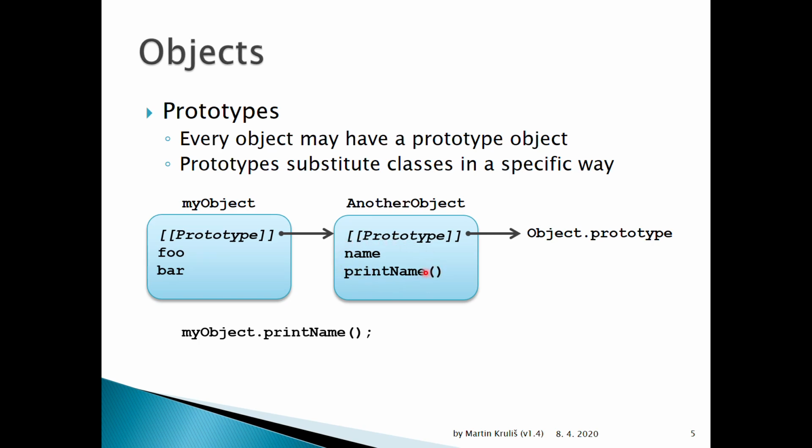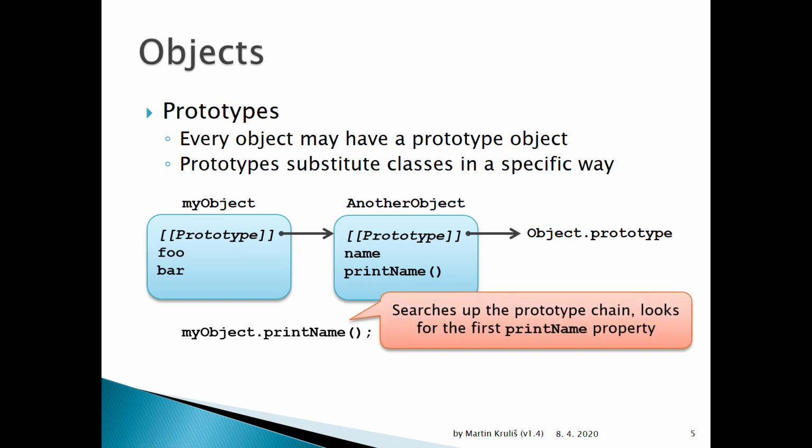We found printName over here, so this is the value which will be used in this expression. The parentheses suggest that printName here holds a function, so a method will be invoked over here. So this is what will happen if we just read the property. It searches the prototype chain upwards and finds the first matching name for the property.